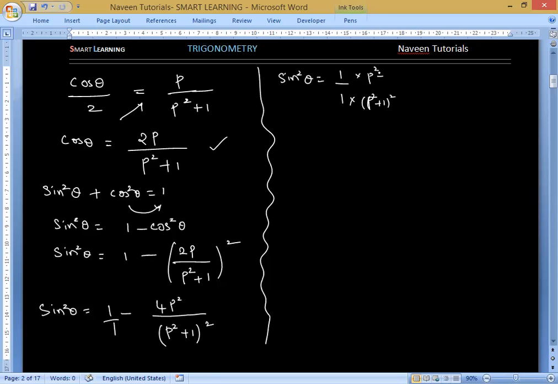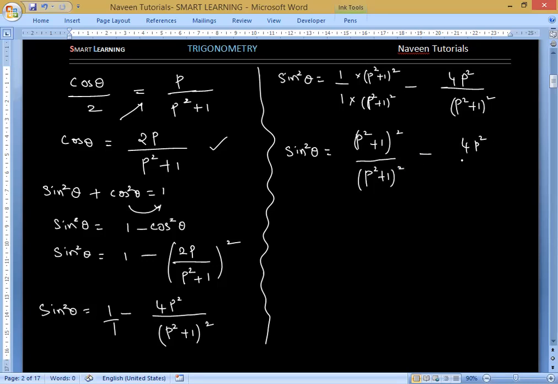So I'll multiply 1 by (p square plus 1) whole square, minus 4p square by (p square plus 1) whole square. So sin square theta is equal to (p square plus 1) whole square by (p square plus 1) whole square, minus 4p square by (p square plus 1) whole square. So I made the denominators same.